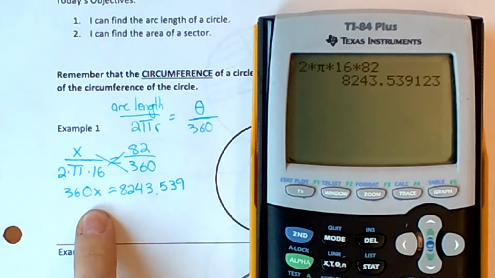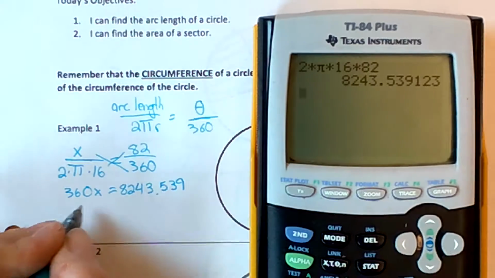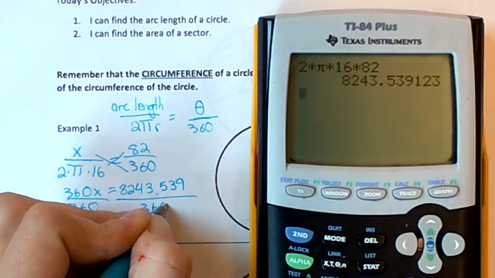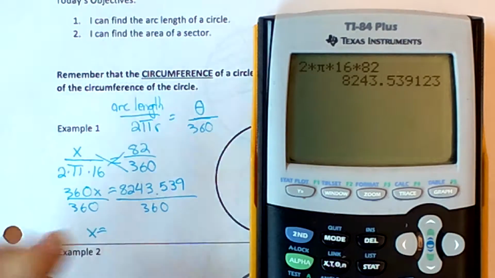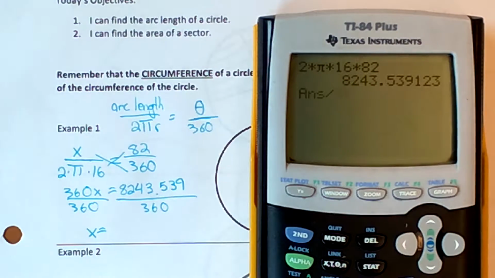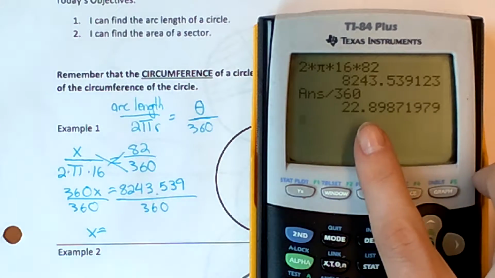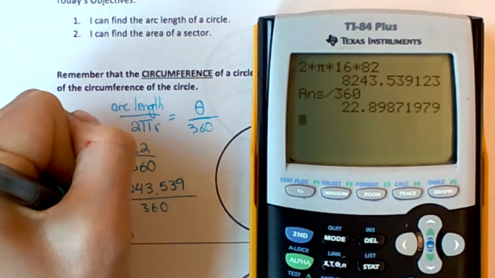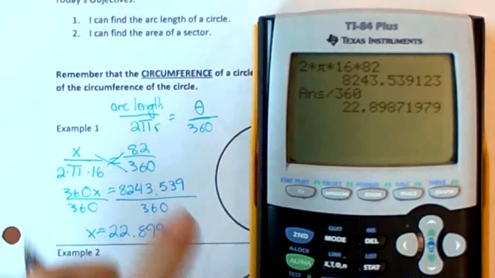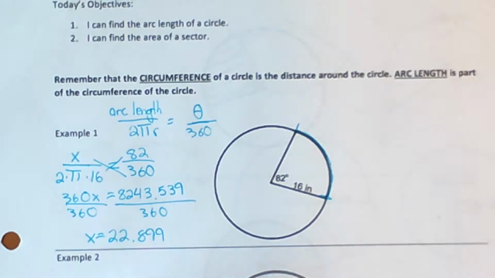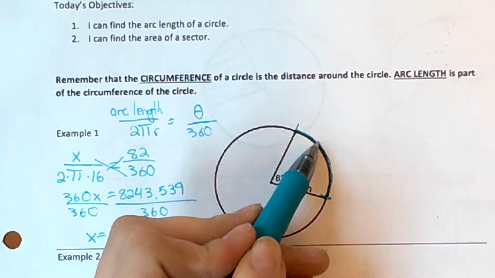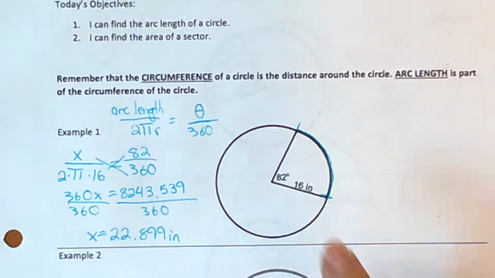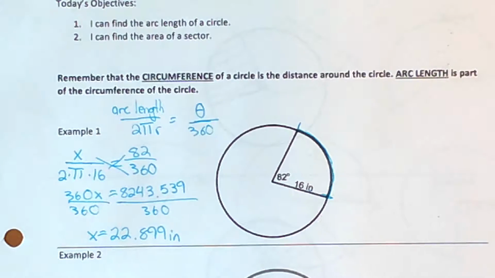Then to get x by itself, I'm going to divide by 360 on both sides. And I get x equals 22.899. So I had to round on that last 9. This is the distance from there over to there. And this is in inches, so make sure that you put your units: almost 23 inches right there.